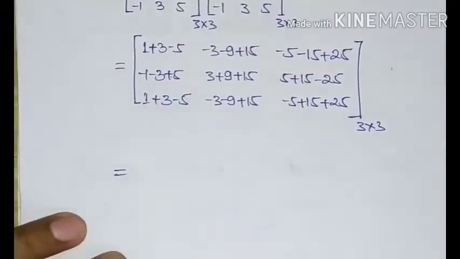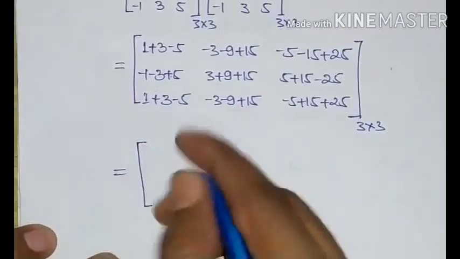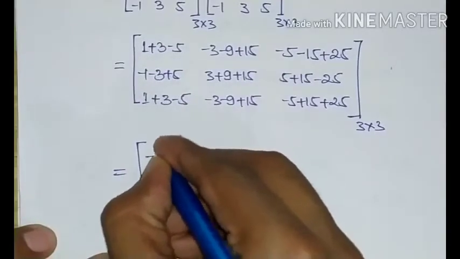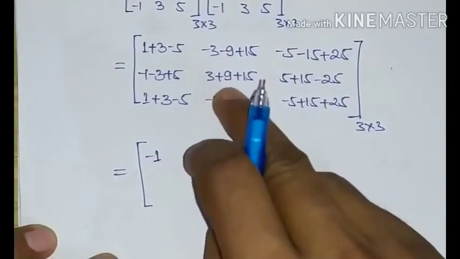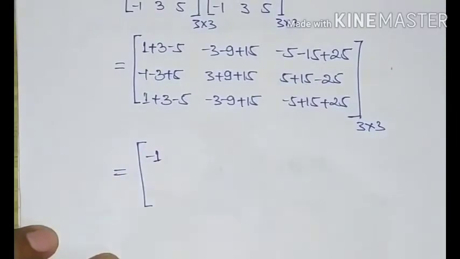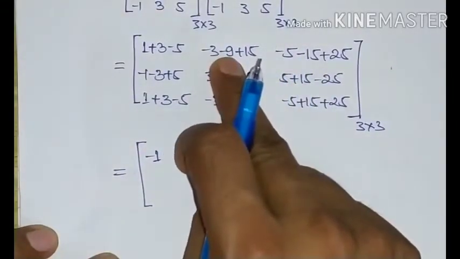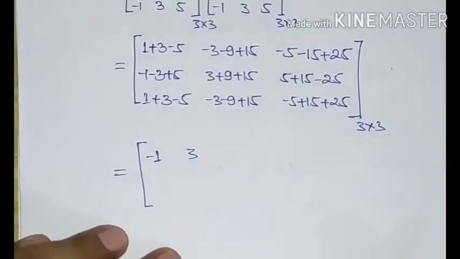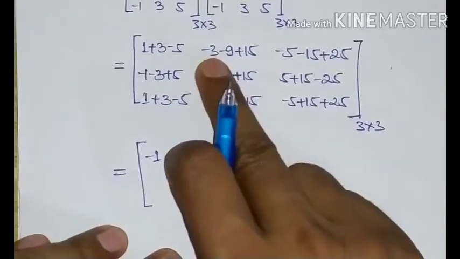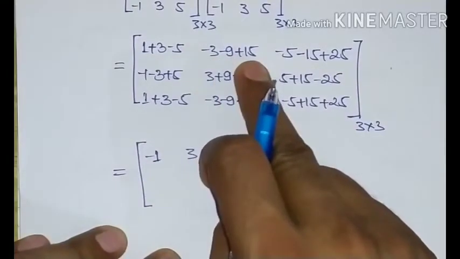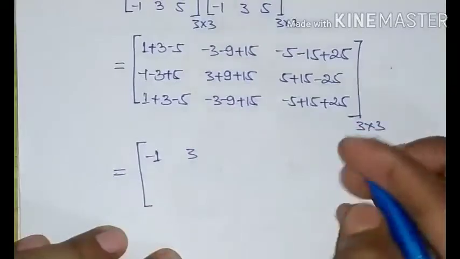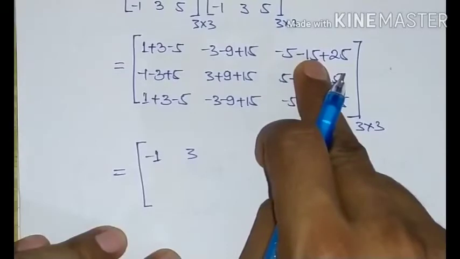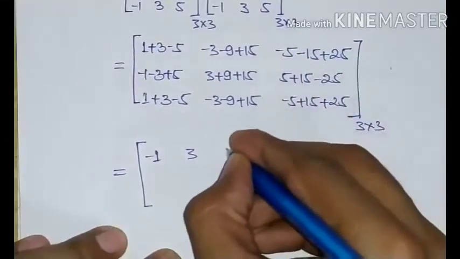Here it will be 1 plus 3 -5, that is -1. Here -3 -9 plus 15 will be 3. Here -5 -15 plus 25 will be 5.